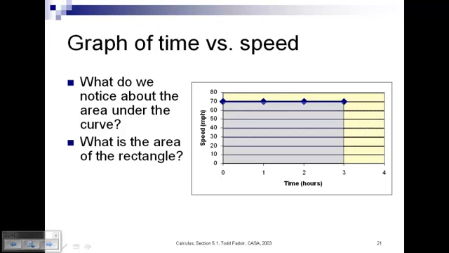In this particular situation, the rectangular area is really easy to find, is it not? It's 70 tall, it's 3 wide. The area under that curve is 210 miles.